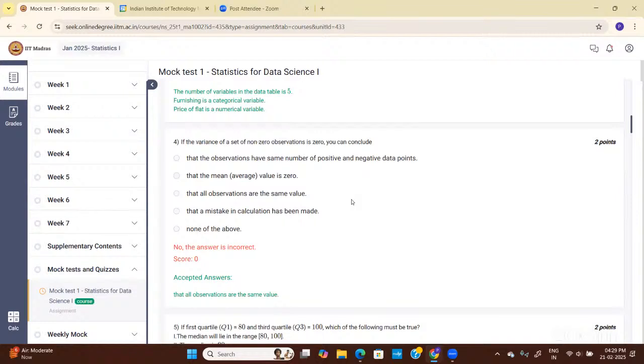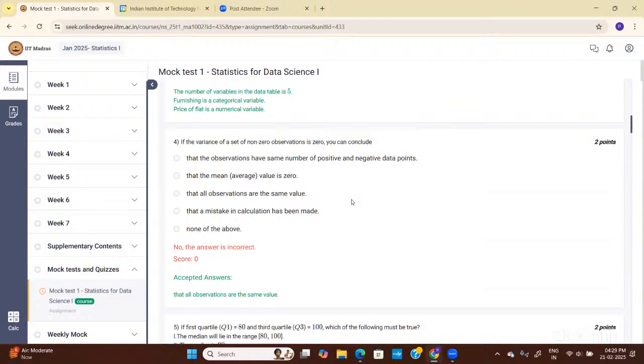Question number 3 or 4? Four, ma'am. Okay. So the variance of a set of non-zero observations is 0. Non-zero observation means that observations are not zero. Like it has some value, maybe 4, 6, 7, 100, 20, 50, but they are not zero.